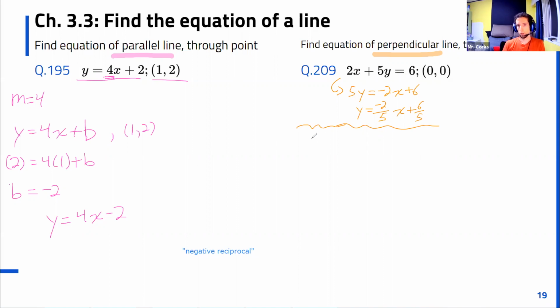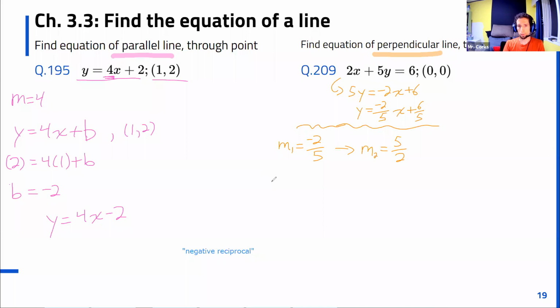So our original slope, we can see here with our slope-intercept form, is negative 2 over 5. So the negative reciprocal of this: flip over the fraction, reverse the sign. That is 5 over 2, and positive because the original one was negative.